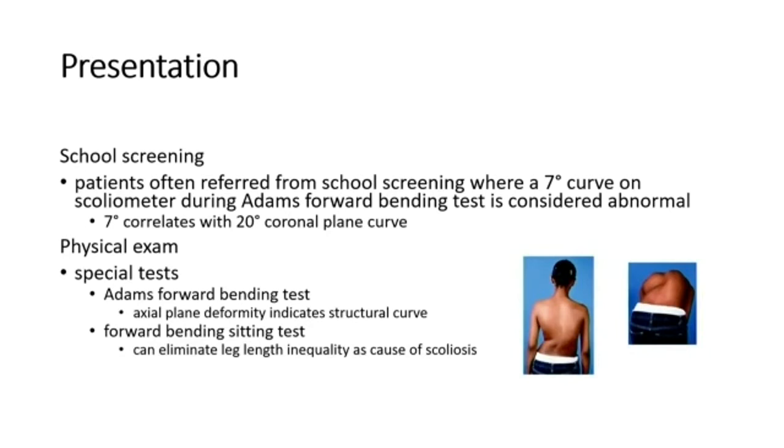When the deformity increases and the discrepancy between the two halves of the chest wall appears like a hump, like here, that indicates that this is a fixed or structural curve.